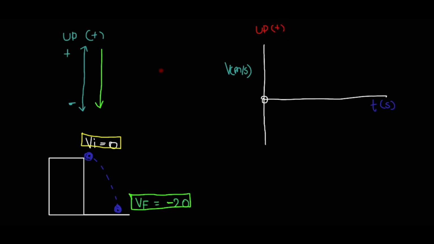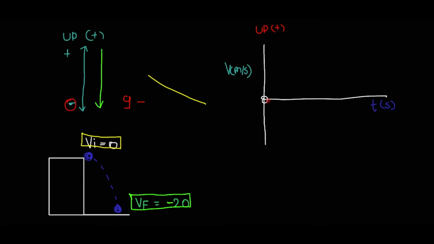If we choose upwards as positive, this means our downwards is negative, therefore our acceleration will be negative because gravity is always downwards. So now we have gravity negative, this means we will have this slope when we draw a velocity time graph.